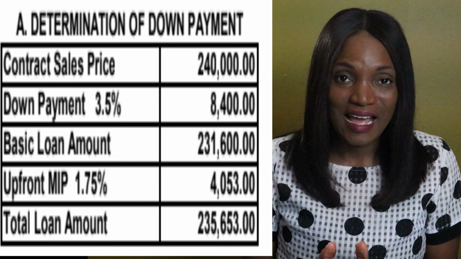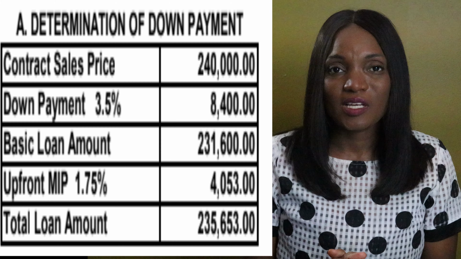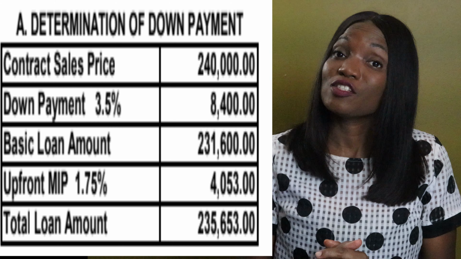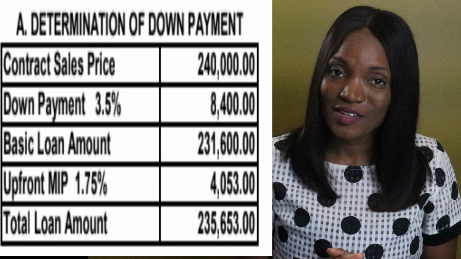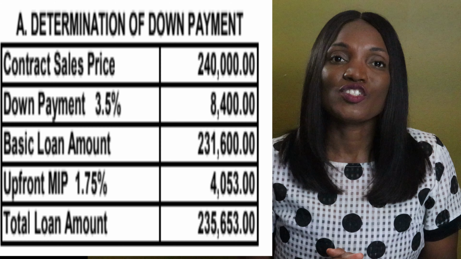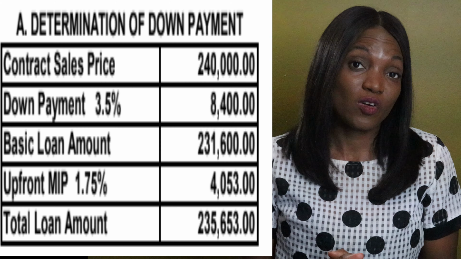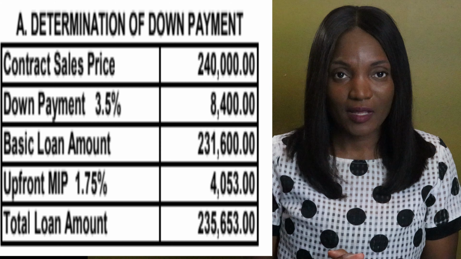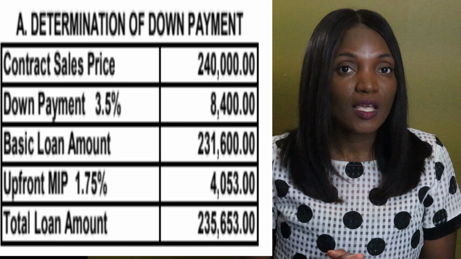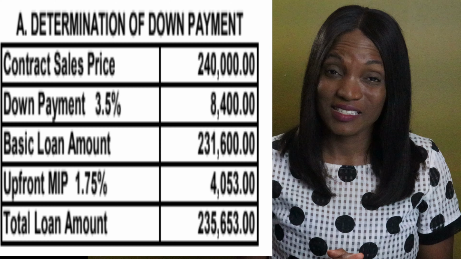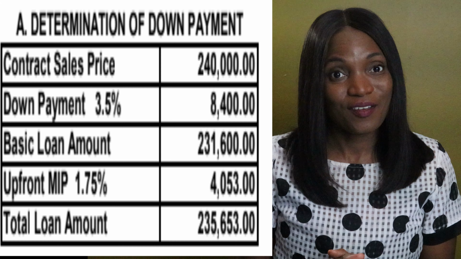What is that? MIP is mortgage insurance premium. This is insurance that is used to protect the lender from any loss, just in case the borrower is not able to make their monthly payments. This insurance is 1.75% of the cost of the home. That's a hefty sum.